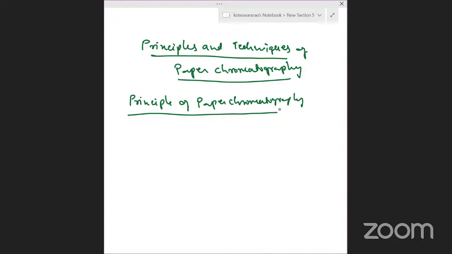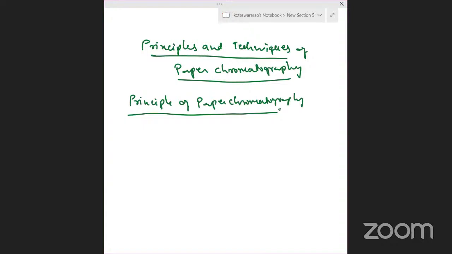When you come to partition and capillary action, paper chromatography is regarded as a type of partition chromatography. Previously I have given the knowledge on that. The stationary phase is usually water that is held immobile in the fibers of paper.